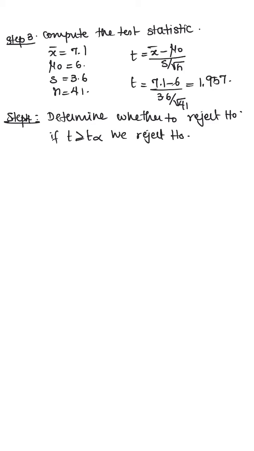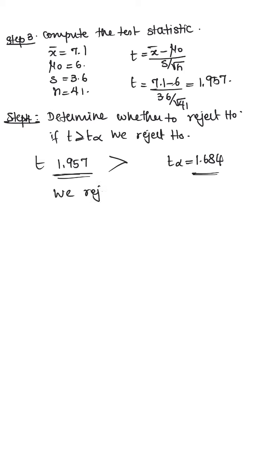So here we got t 1.957 and t alpha we got 1.684. So this is definitely greater than t alpha, right? If you compare these values, we can conclude that we reject H0.